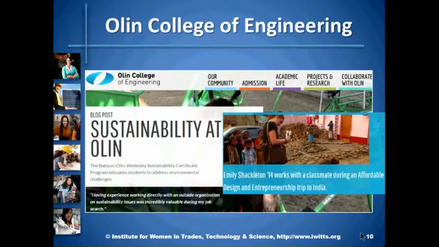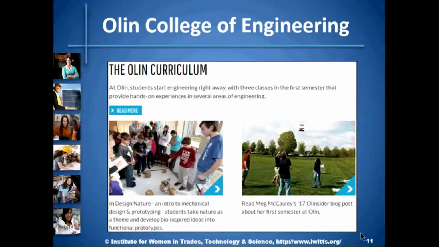And so they actually tell the whole story of one of their female students who goes on a trip to India, where she helps with affordable design and entrepreneurship. Isn't that cool? So this is an example of a best practice by a school that has 47% female students.